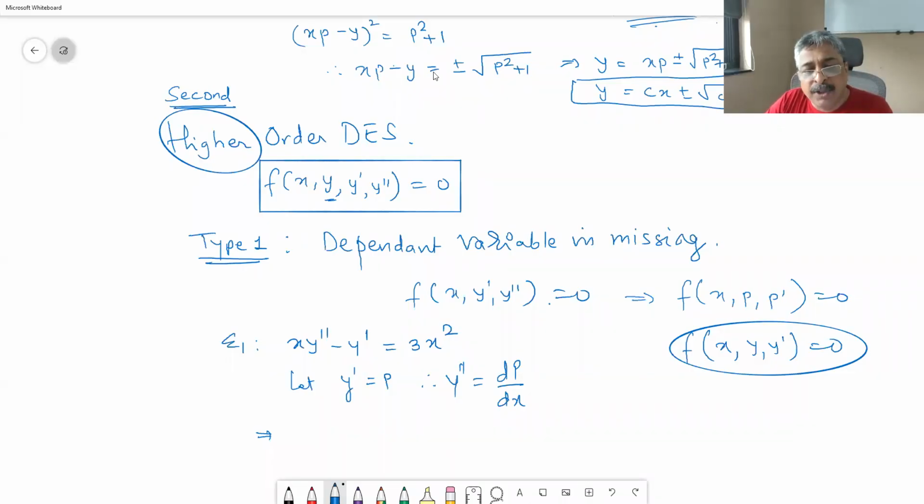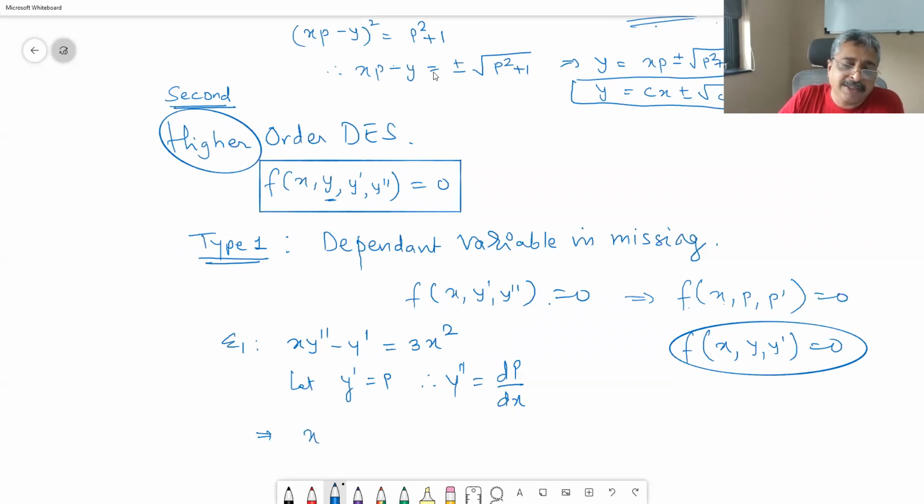If y, which is the dependent variable, is missing, then it is equivalent to say f of x comma p dash is equal to 0, and it looks like f of x comma y dash is equal to 0. So the method for x comma y dash will work for this, except that what we will get eventually is p, and therefore we need to deal with that p again. So substituting y dash is equal to p, we get y double dash is equal to dp by dx.